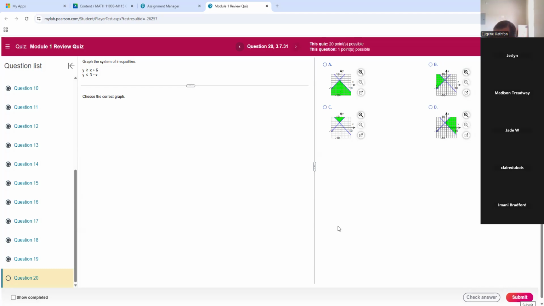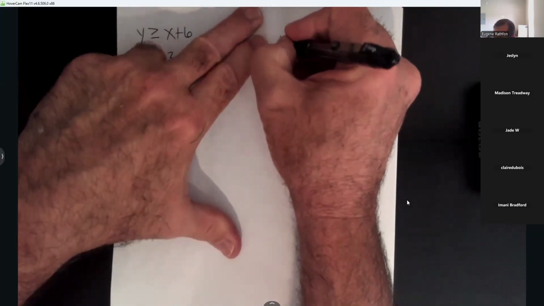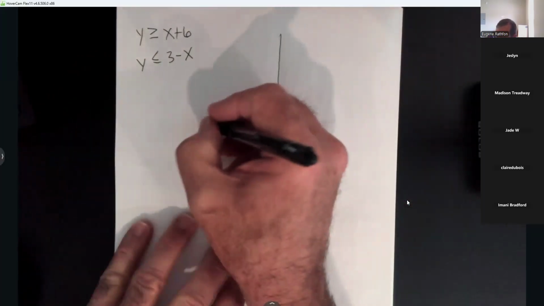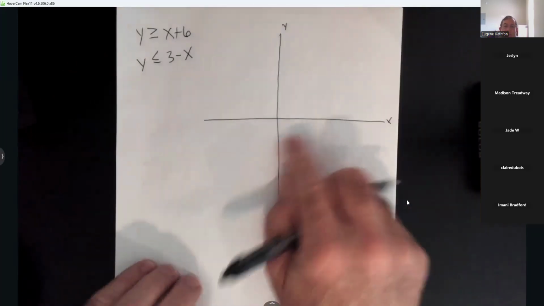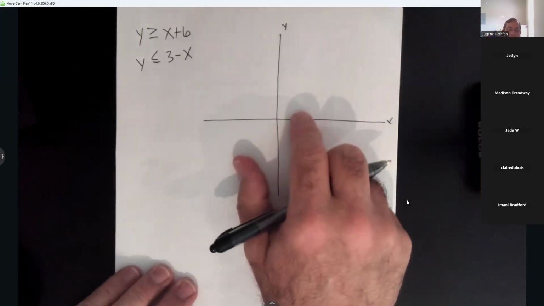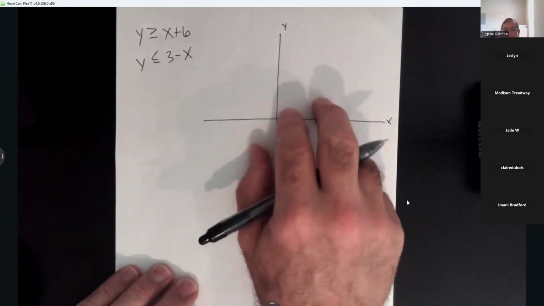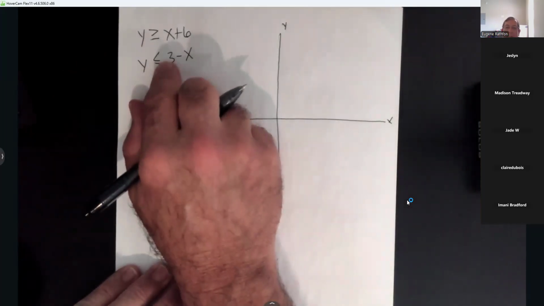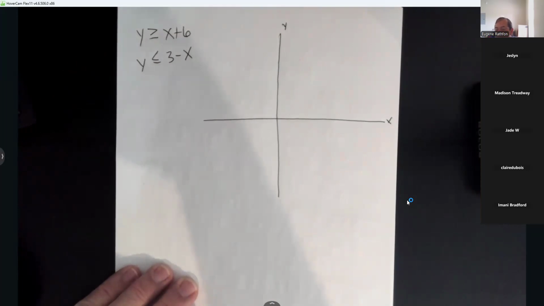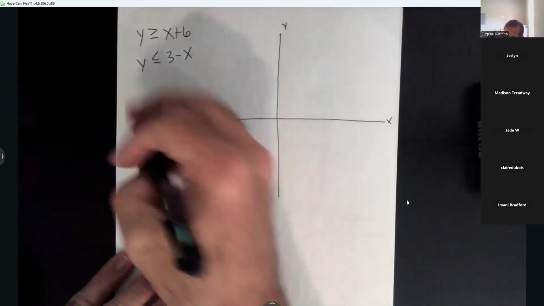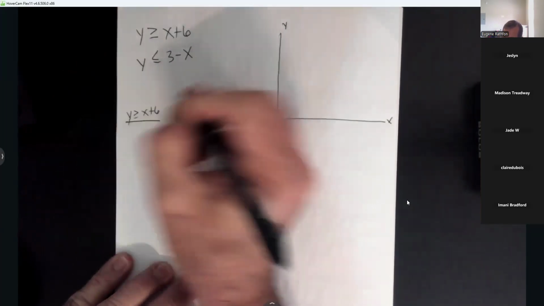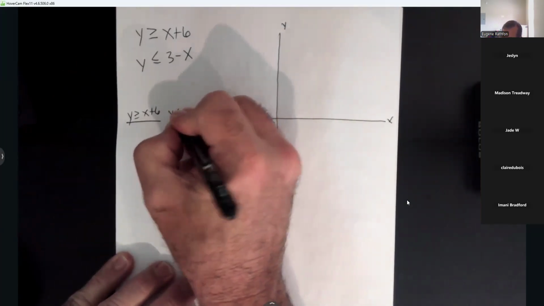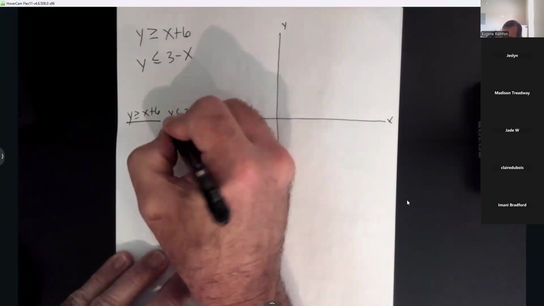So you sort of got to come in here and maybe do a little bit of graphing on this one real quick, just to see what kind of graph you're going to get, because these are going to intersect, remember, and I'm looking for the section where it double shades. So let me do this one first, x plus 6, and then I'll graph the y less than or equal 3 minus x.